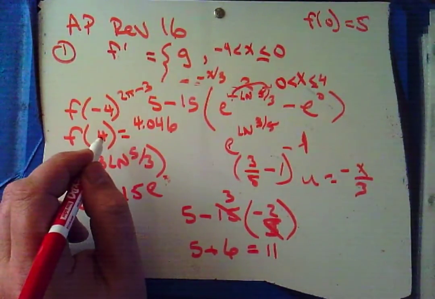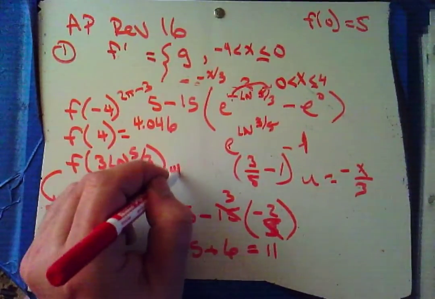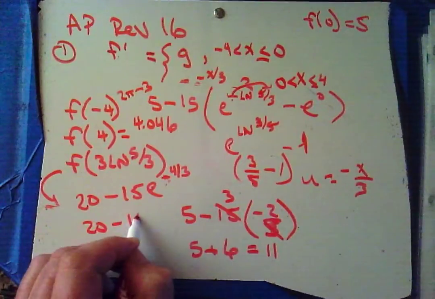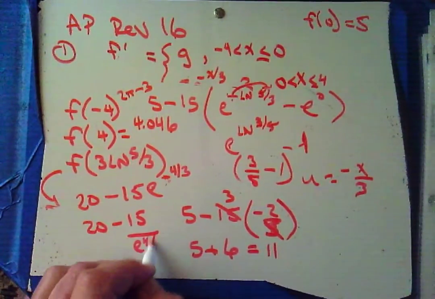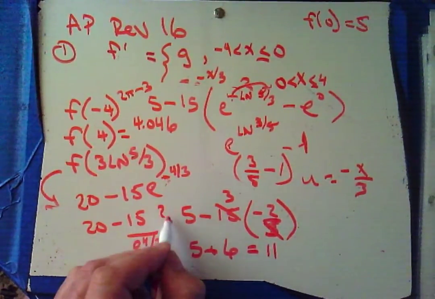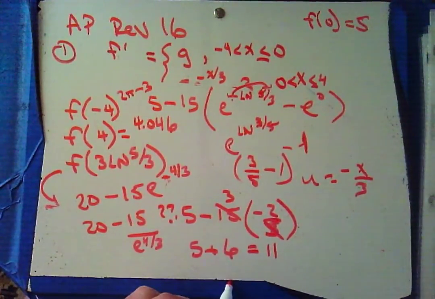It would have come by plugging a 4 into the negative 4/3. Okay, so that's 20 minus 15 over e to the 4/3. Well, yeah, I don't have a good sense of that. I don't have an easy one for you.